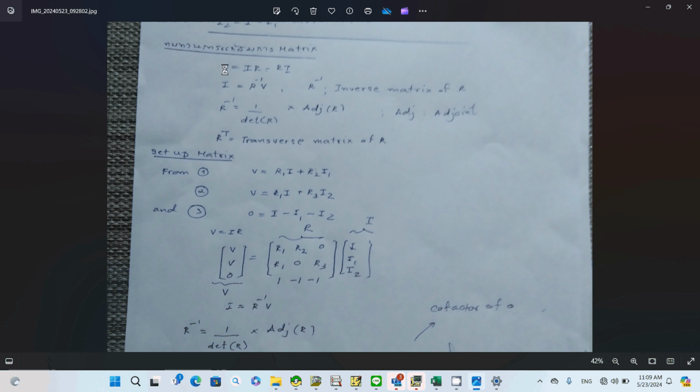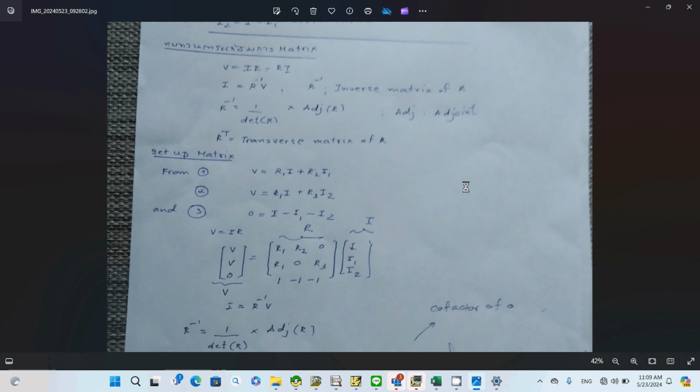On the left, you have R inverse V. On the right, R inverse and R give you the identity matrix, so that you end up with only I. And R inverse is equal to, that's why I said, just recall about matrix technique, R inverse equal to 1 over determinant of R multiplied by adjoint R, which is also the transpose of the cofactor matrix of R.